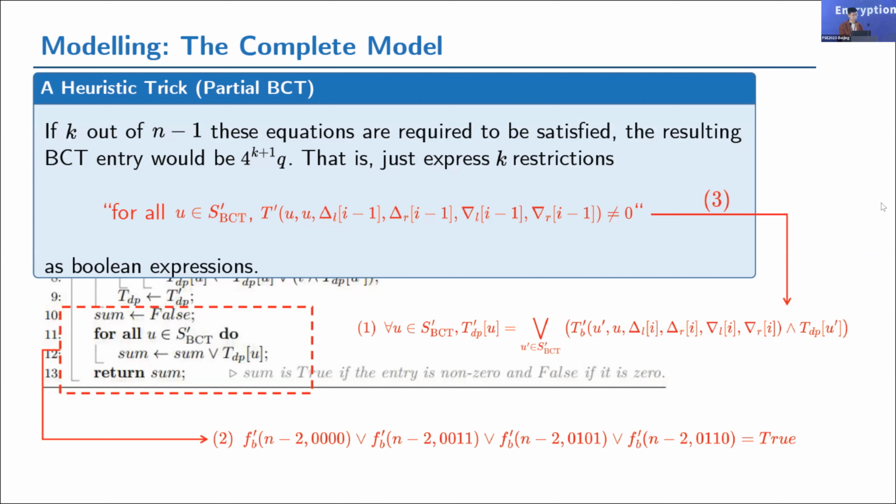I want to note that our model cannot return the exact value of this entry. It can only select an arbitrary entry in the BCT. So the previous searching model cannot apply here.